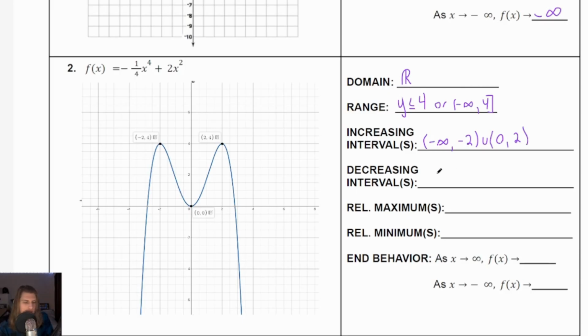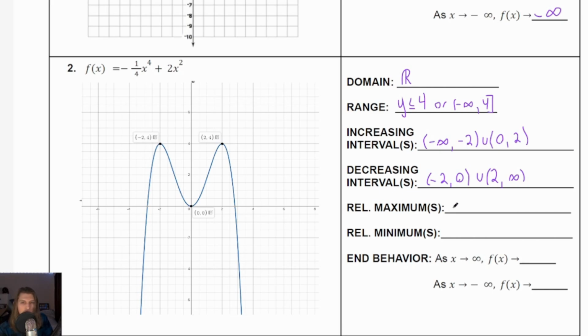So our decreasing intervals are from -2 to 0, because it's going down, or it's also decreasing from 2 to positive infinity. Remember that all of these are x values. So even though it is going down, the x is moving to the right, so it is still positive infinity.